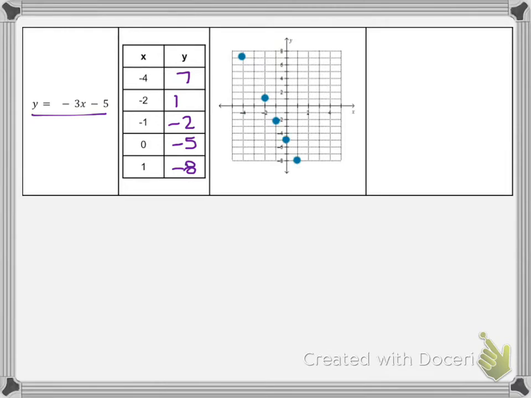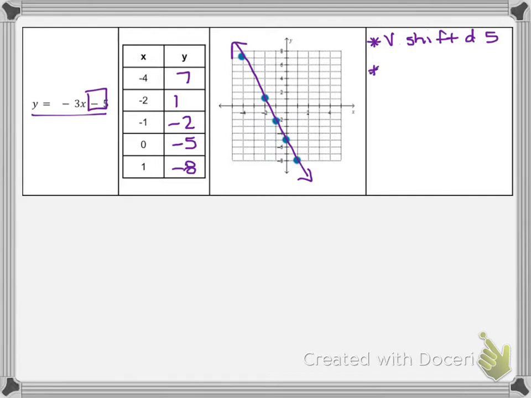Okay. Now, this one it may be hard to see what's happening by the picture. However, because I've done so many transformations, I know that subtracting 5 from x is going to be a vertical shift down 5.